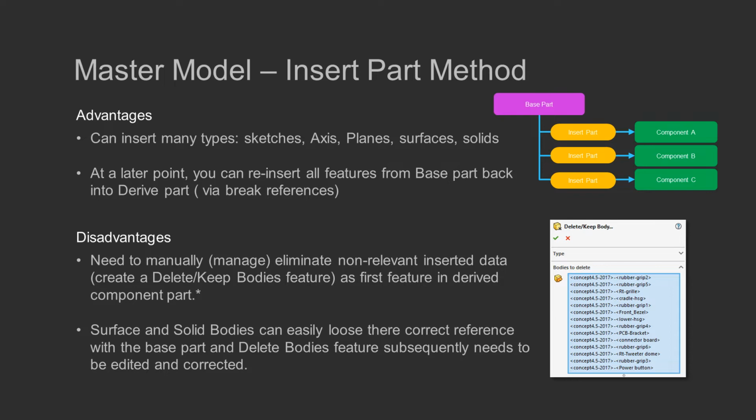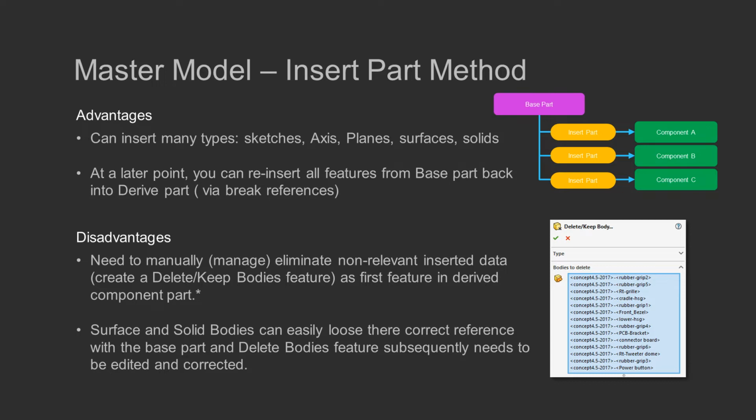The second method that you can use for master modeling is the insert part method. And this is probably the most versatile of all of them, in that you not only can include the surface and solid data, you can also include sketches, axes, planes, and other reference features into your derived part.